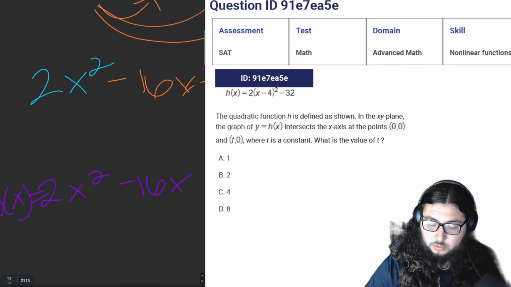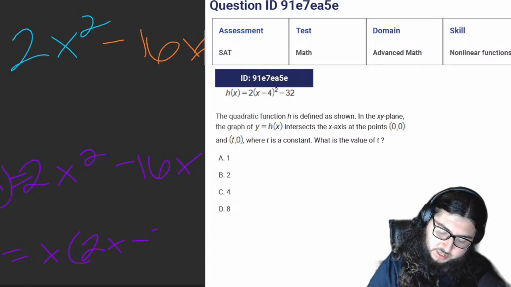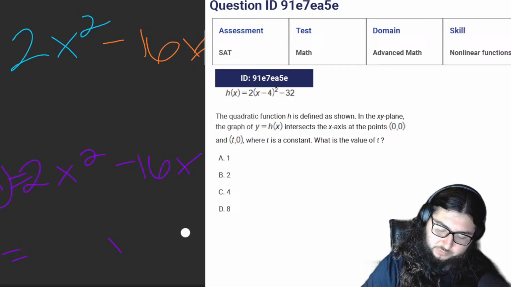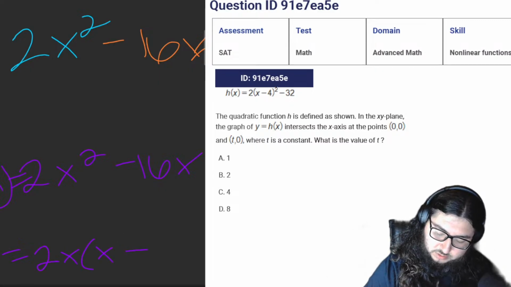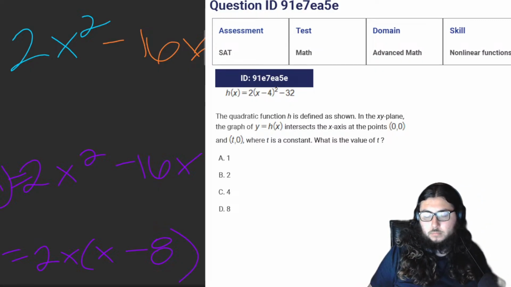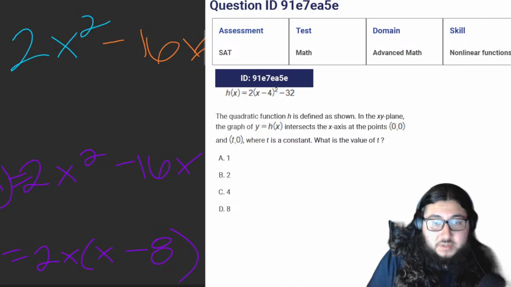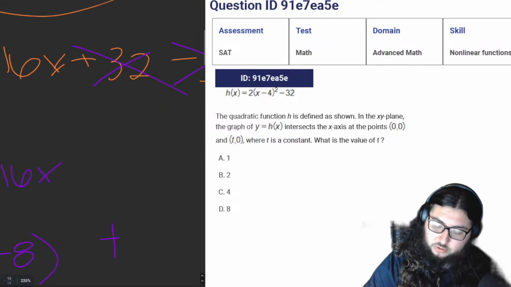Or rather, we can rewrite this, if we factor out a 2x, as 2x times x minus 8. And if it isn't obvious yet, t has to be equal to 8, and I'll tell you why.